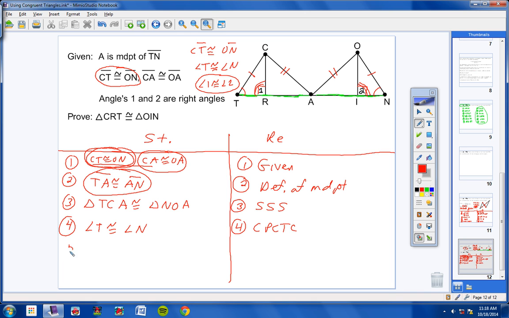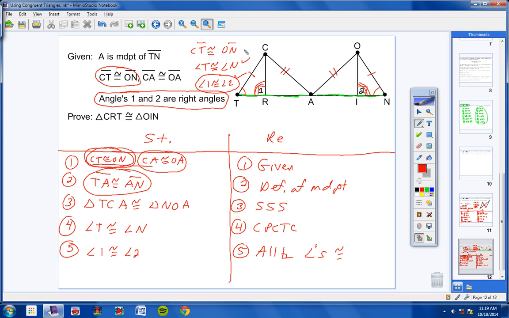Now I already know in my given, I've already been told that angles 1 and 2 are right angles, so I can go ahead and state right away angle 1 is congruent to angle 2, and the reason would be all right angles are congruent. So I've stated this now too.